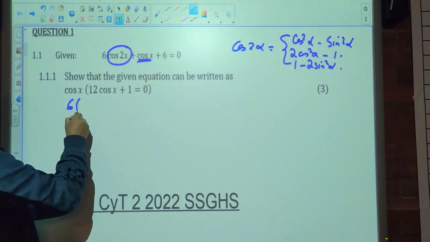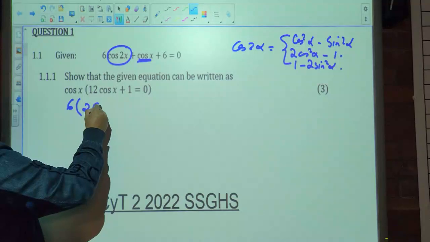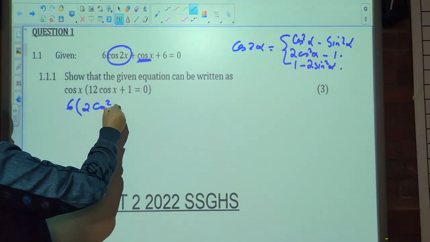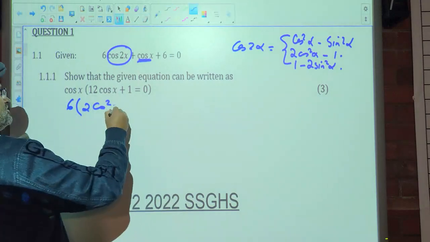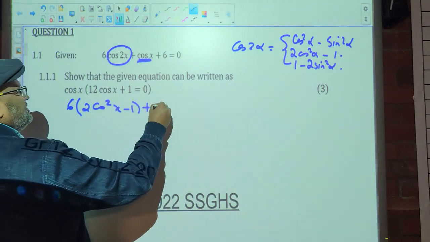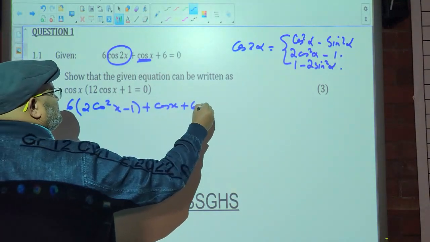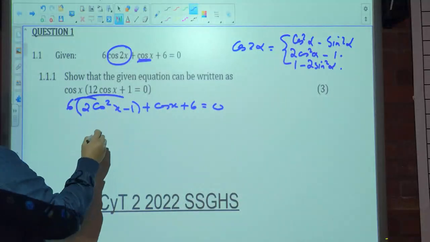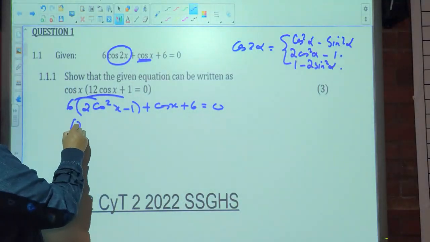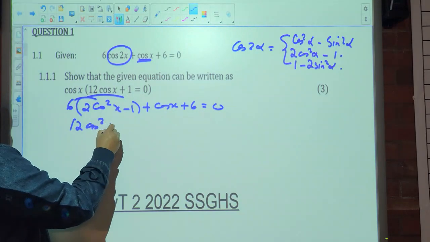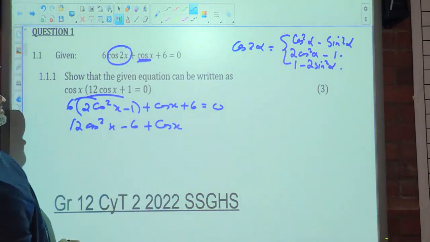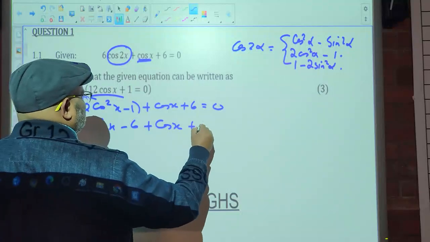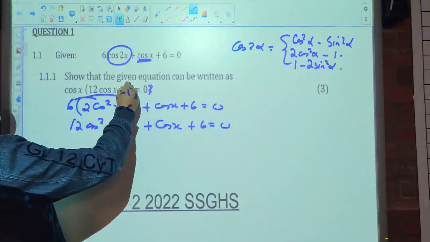So it's going to be 6 into (2 cos squared x minus 1) plus cos x plus 6 is equal to 0. Get rid of the brackets. So it's going to give me 12 cos squared x minus 6 plus cos x plus 6 is equal to 0.